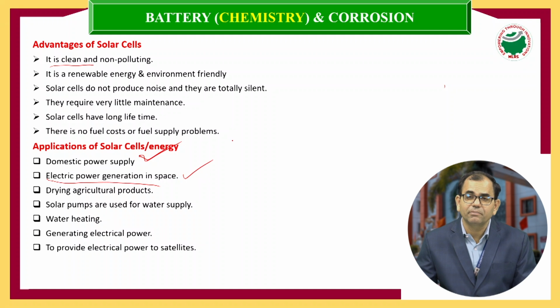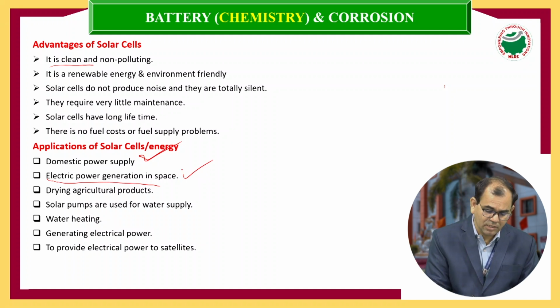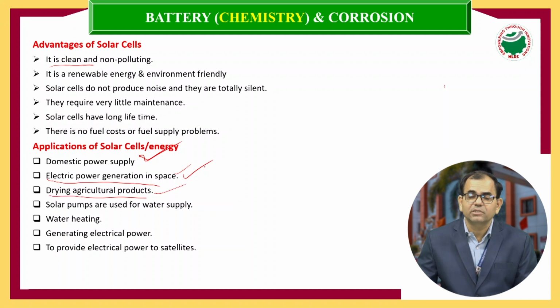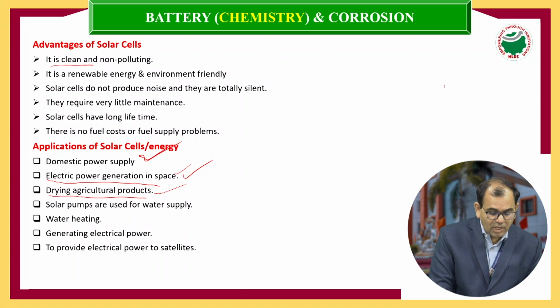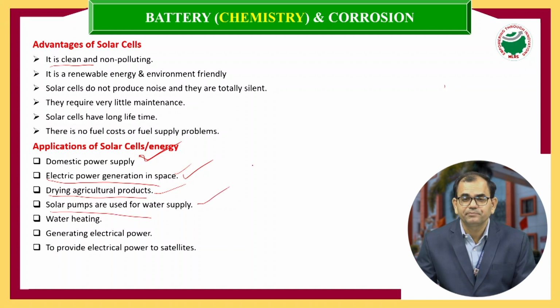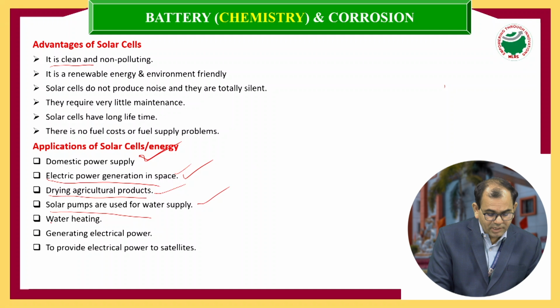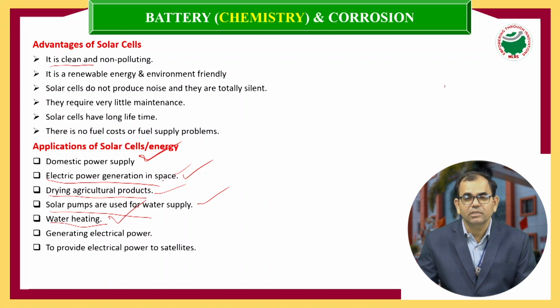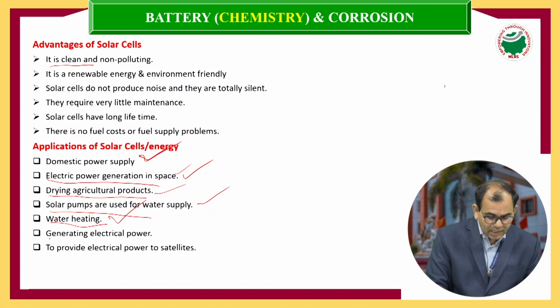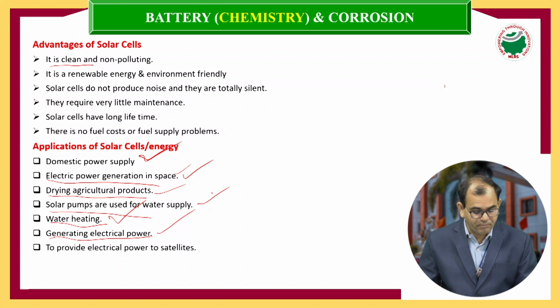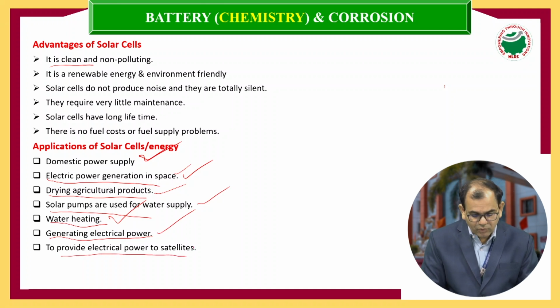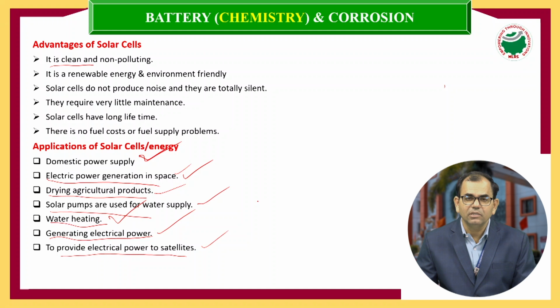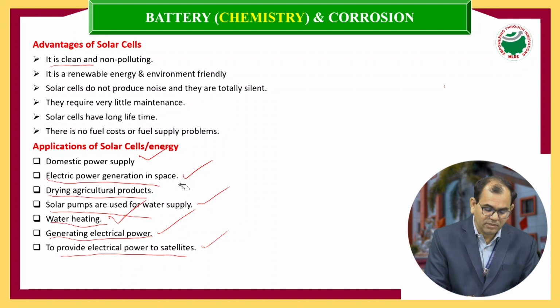Yeah, solar cells help us in the production of solar energy in space. Drying agricultural products. Solar pumps used for water supply. Water heaters, geysers and all those. Generating electrical power easily. To provide electrical power to satellites. These are some of the applications of solar cells.